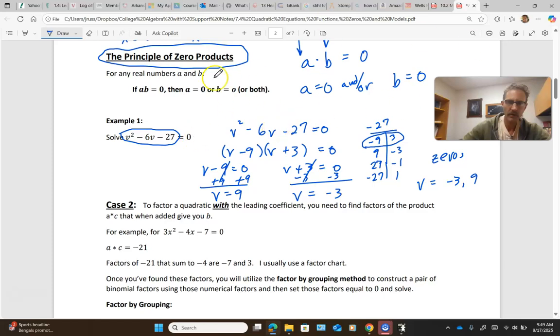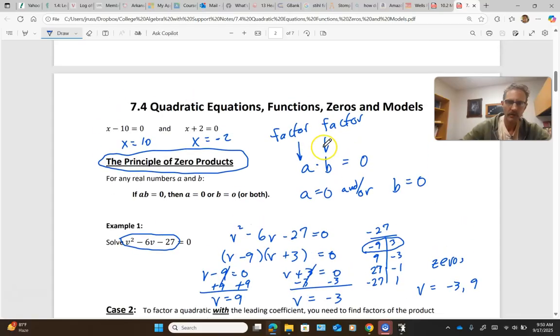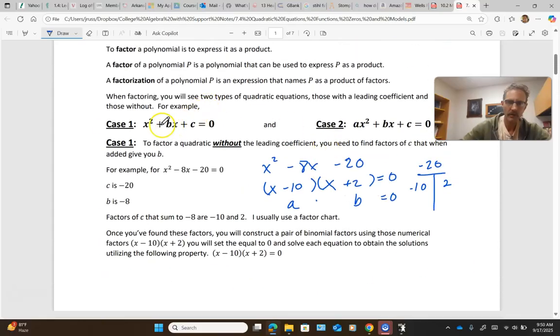So another way to put this whole process of solving quadratic equations is that we are finding the zeros of the quadratic function. I'll show you what that means graphically later on as well. So there's an example of a quadratic equation that's missing the leading coefficient.